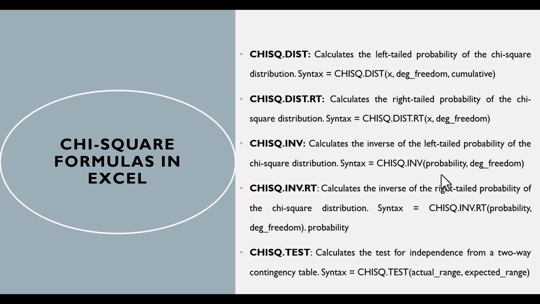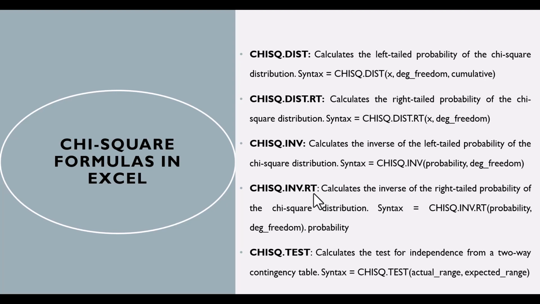Usually we use 0.05 or 5%, that is a 5% margin of error, but it depends on the kind of confidence that you want for your results, and you still have your degree of freedom in the same formula. Now the RT again on this one is the right tail. Whilst the one without an RT is the left tail, the one with the RT is the right tail.